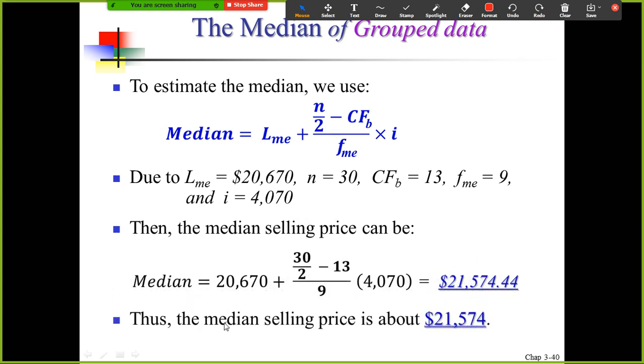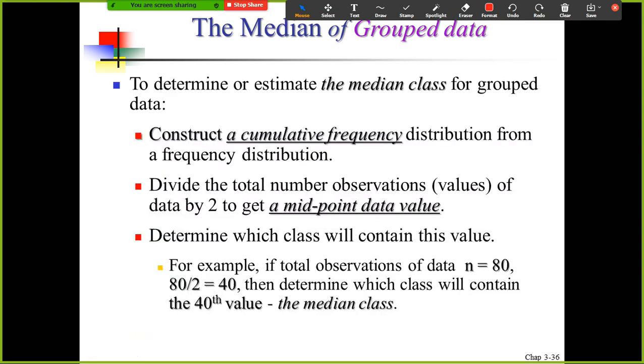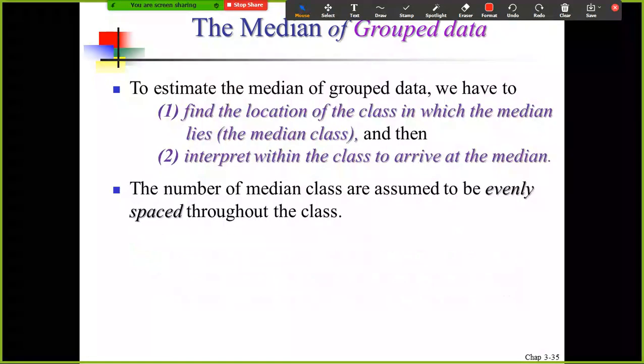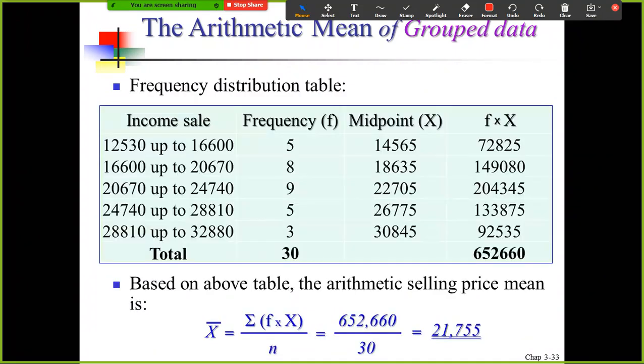So the middle selling price of the car is 21,574. It is a little bit different from the mean price, or average price.